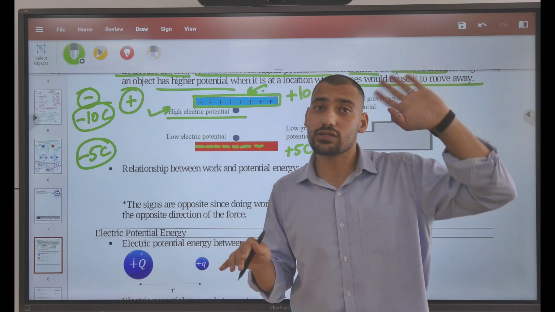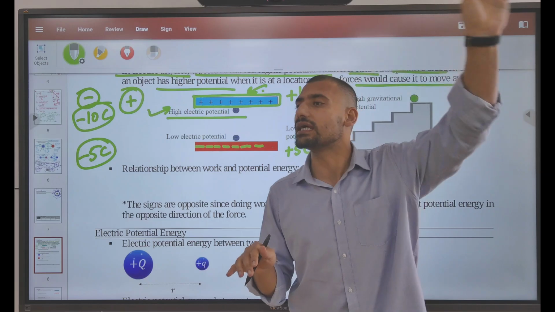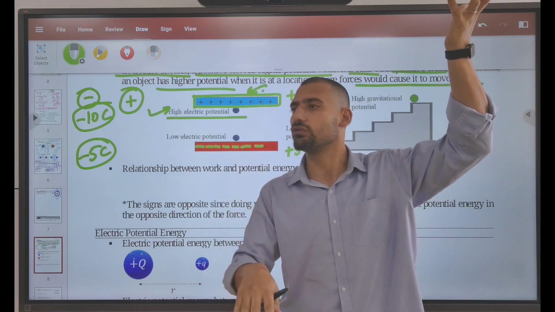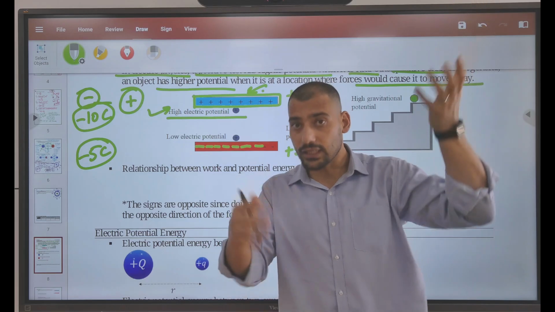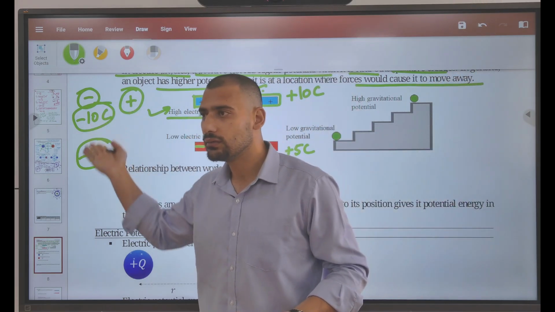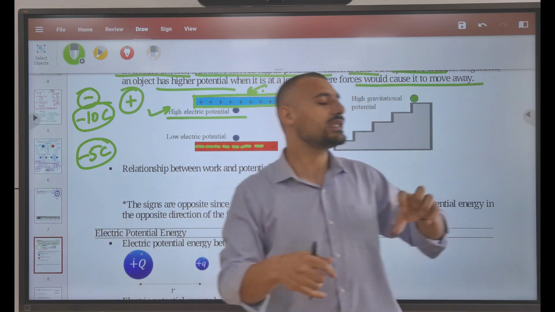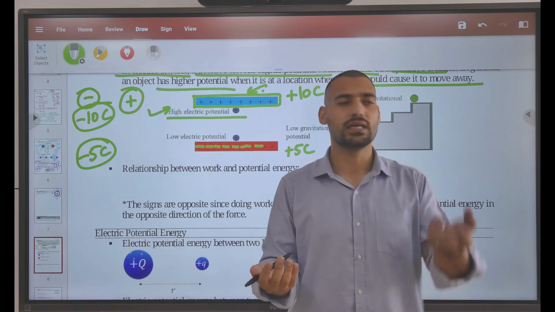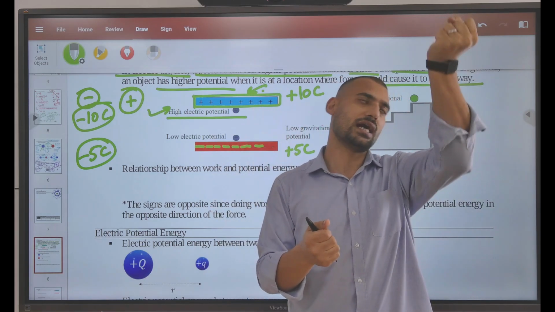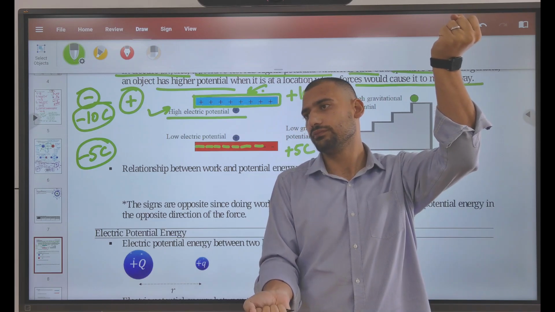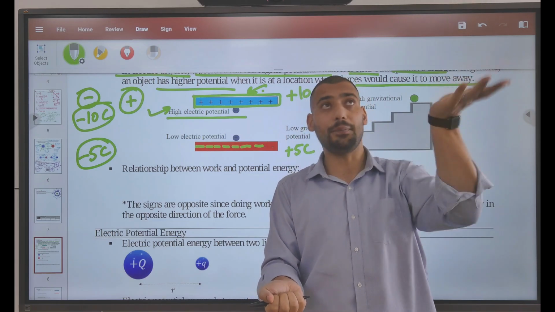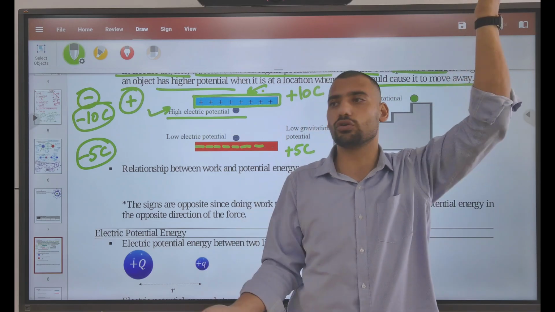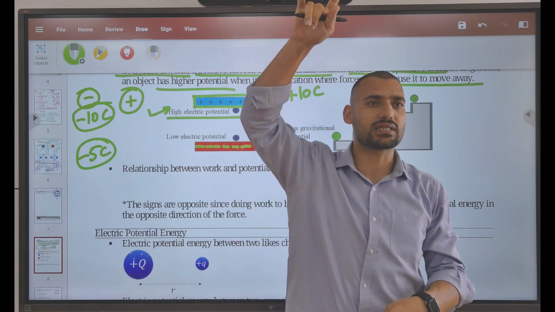But in reality, it is not every time that positive will be high and negative will be low. Negative can also be high. So we take a convention in physics: take positive as high, negative as low. Take up as high, down as low. But we could have had the reverse as well, isn't it?